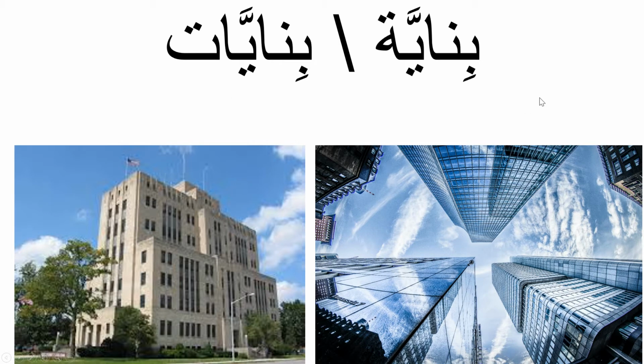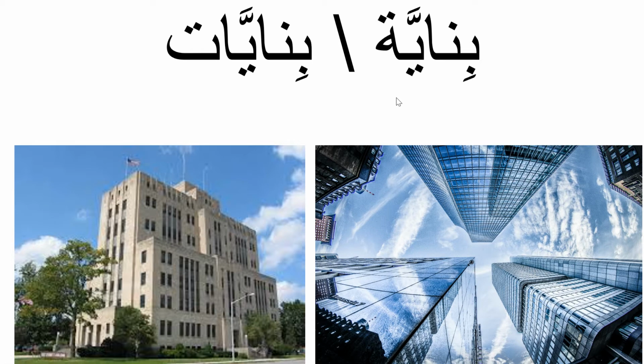So let's say you wanted to say the name of a specific building. You want to preface that proper name. Like let's say it's the Empire State Building, right? Remember, this ta marbuta at the end of binaya needs to be pronounced as a ta if you're going to put a proper name behind it.